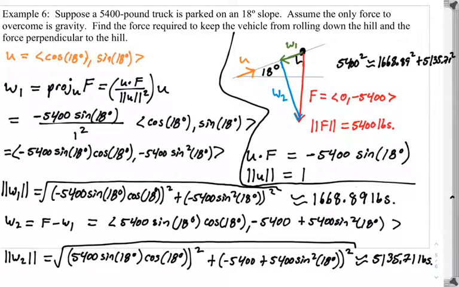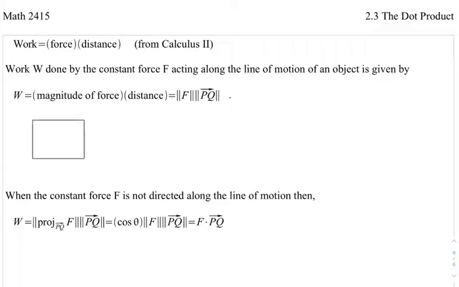Okay. We've got one more thing to look at here. We're going to look at work, and then we'll do an application. Work is equal to force times distance, and we looked at that in Calculus 2.